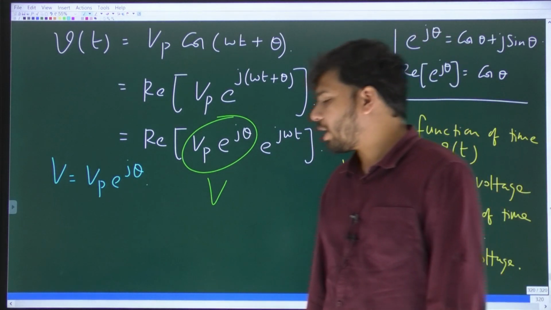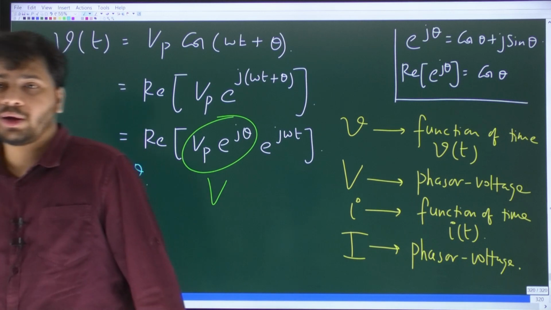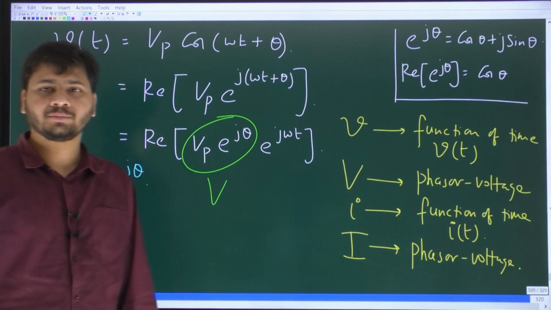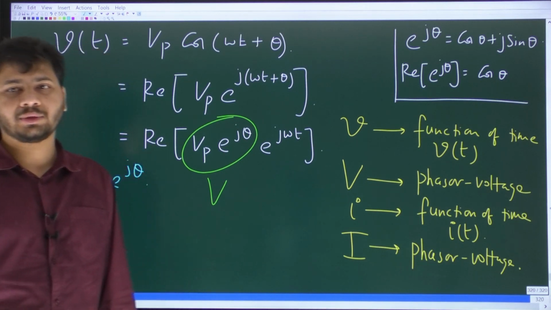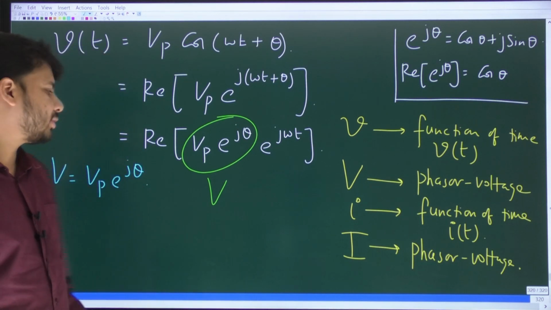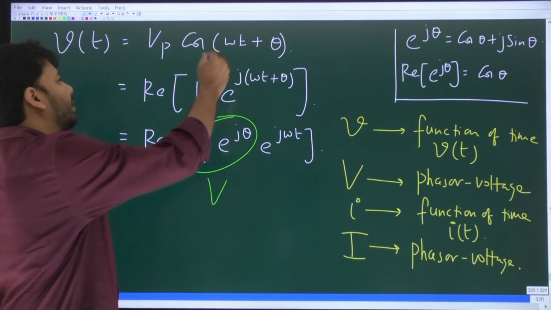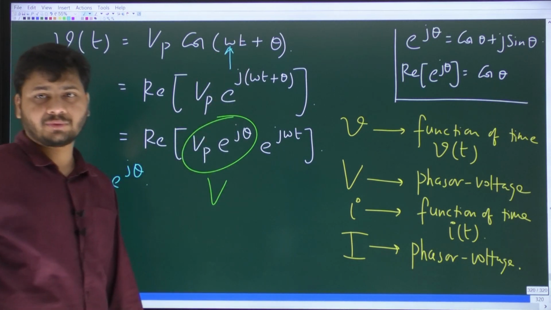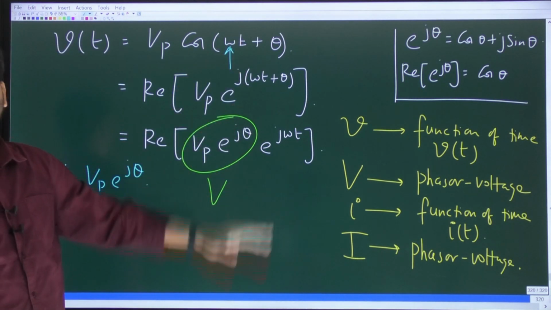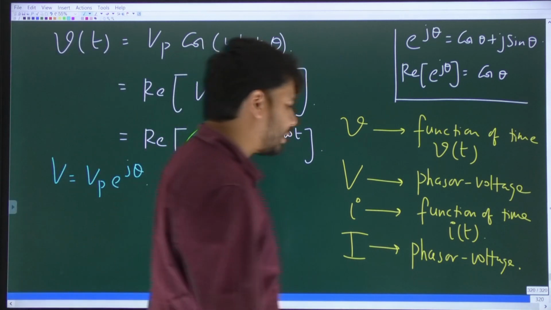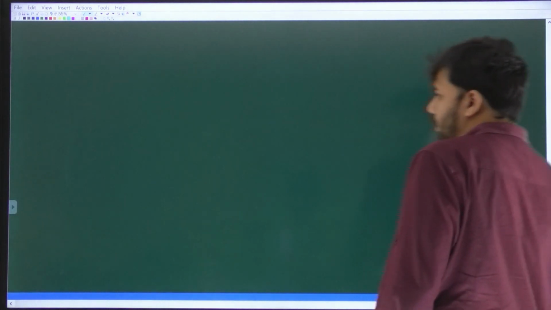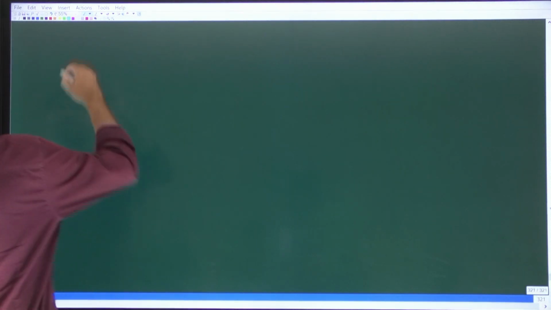Yes, but every phasor will be defined at a particular frequency, and that is the frequency of the sinusoidal voltage or sinusoidal current. So this phasor will be defined at a frequency of omega. You understood?